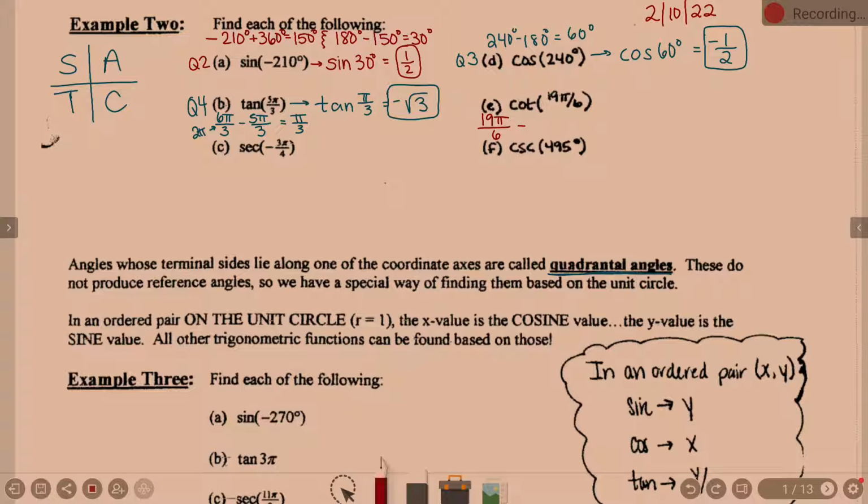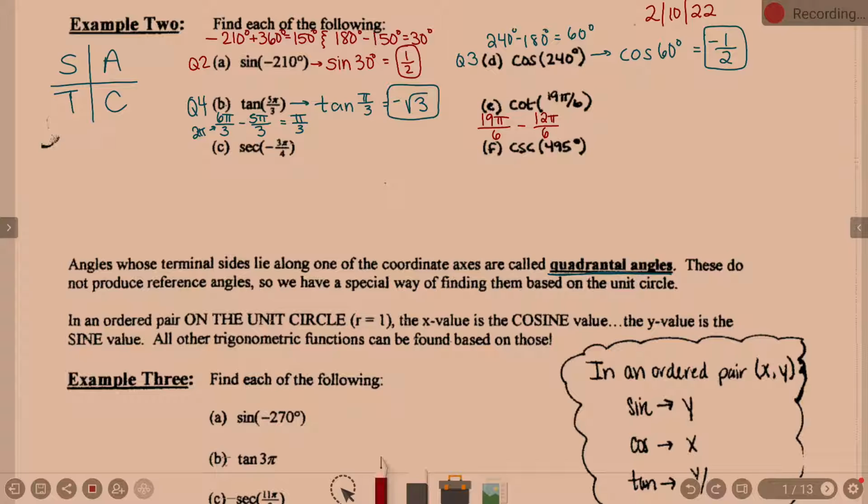I'm subtracting 2 pi because I'm trying to take off a revolution. So when I take off 2 pi, we're going to take off 12 pi over 6, and I only did 12 pi over 6 because I need that common denominator.